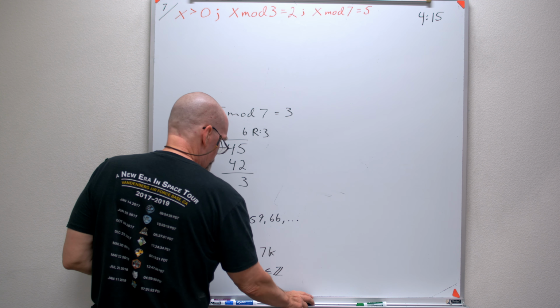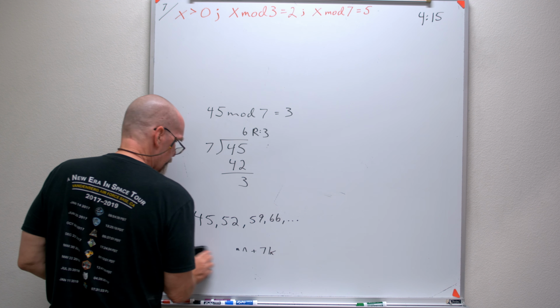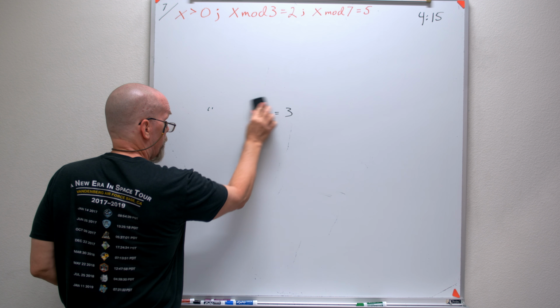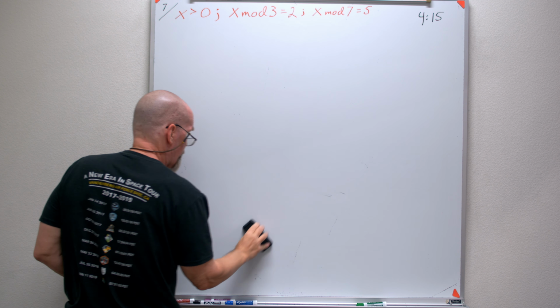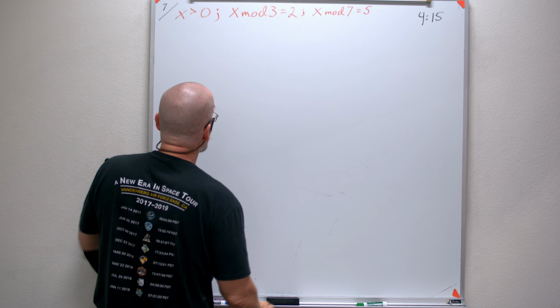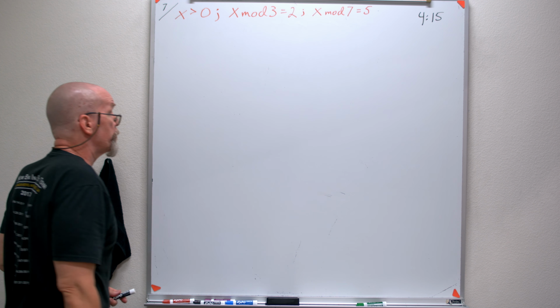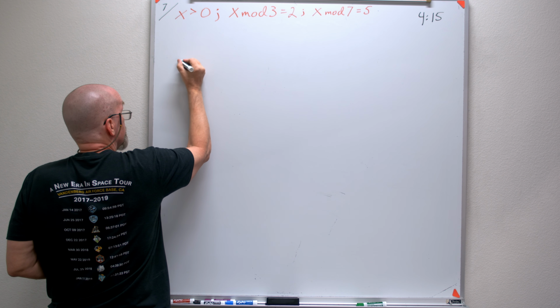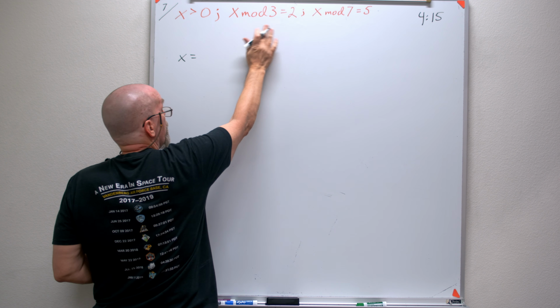Knowing that tips us off as to what the fastest way of getting this answer would be. When you're actually taking the test, you do want to be aware that the clock is ticking, and you want to get this answer as quickly as possible. So I would just ask, what might the x be? Mod 3 equals 2.